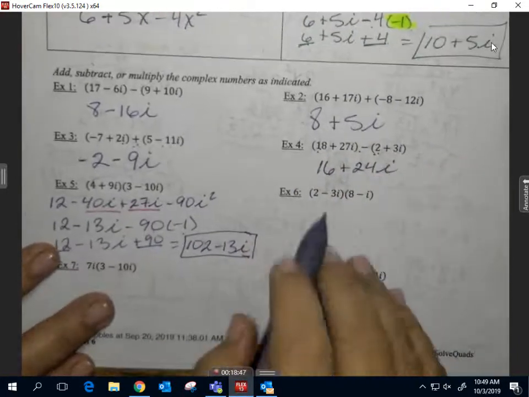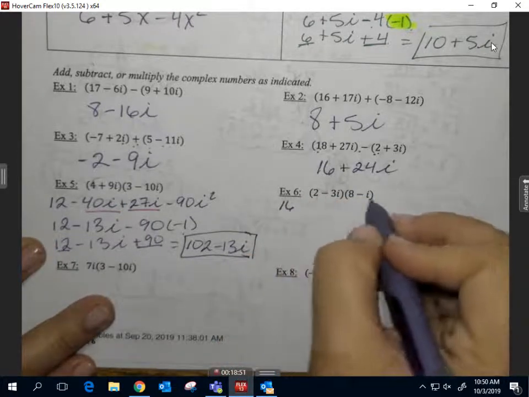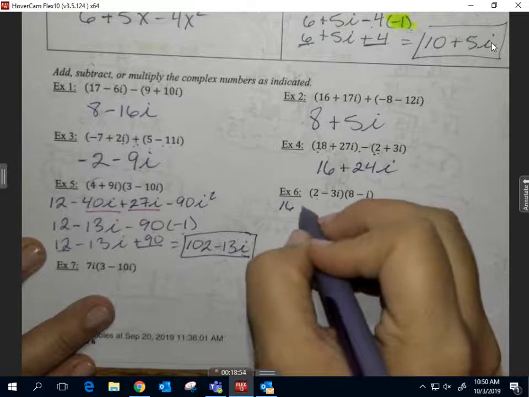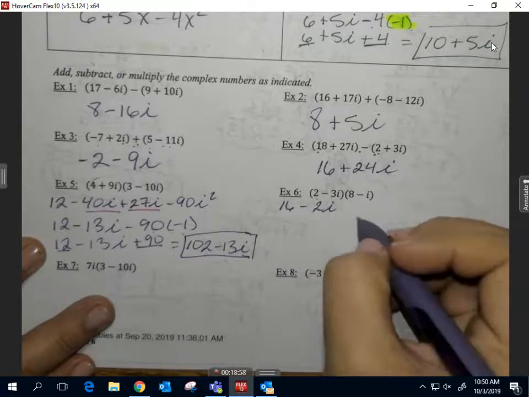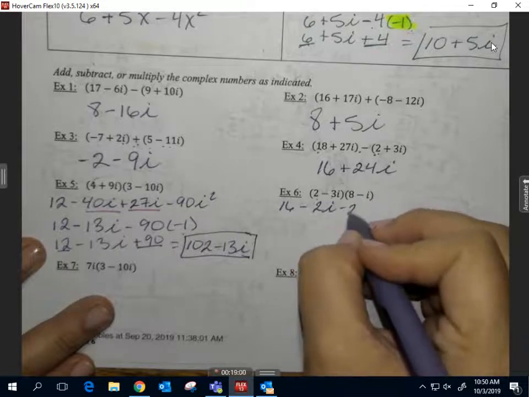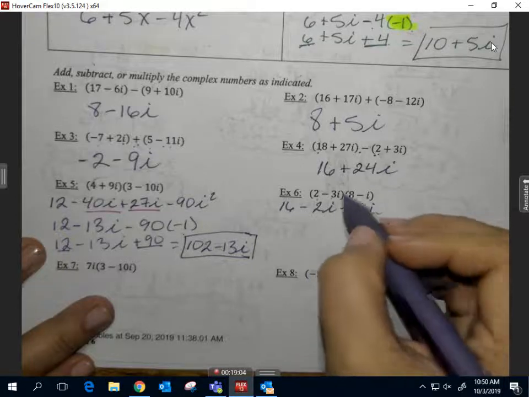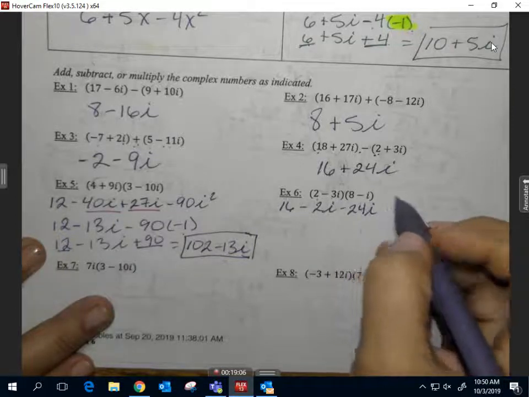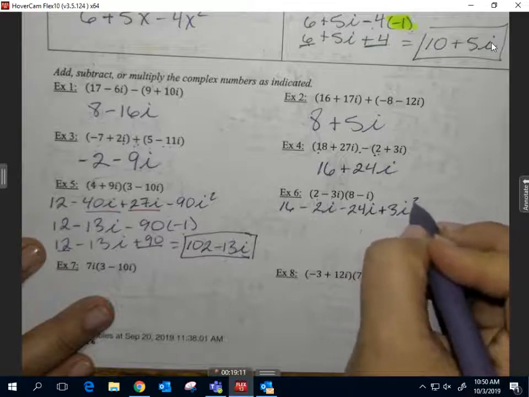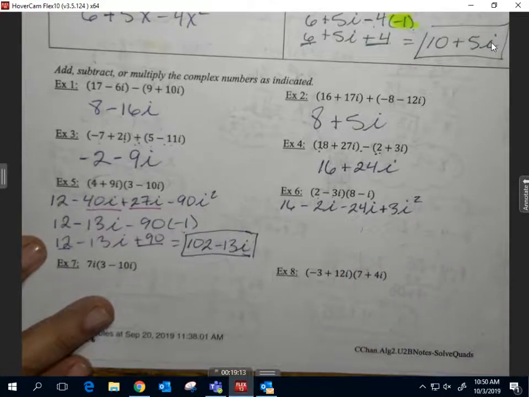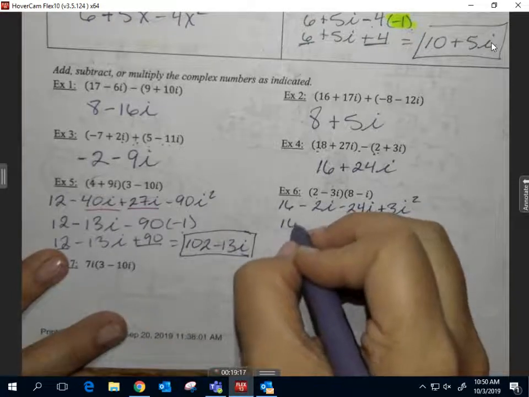Let's do that again. 2 times 8. 2 times negative i. Negative 3i times 8. Negative 24i. Negative 3i times negative 1i. Squared. Positive 3i squared. Okay, we're going to combine our like terms.